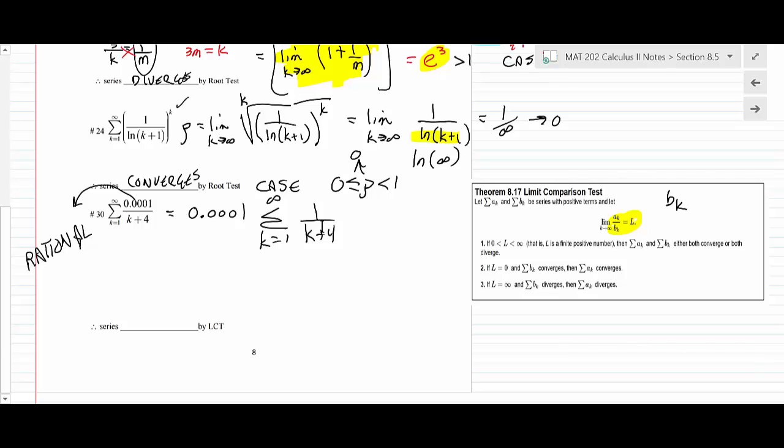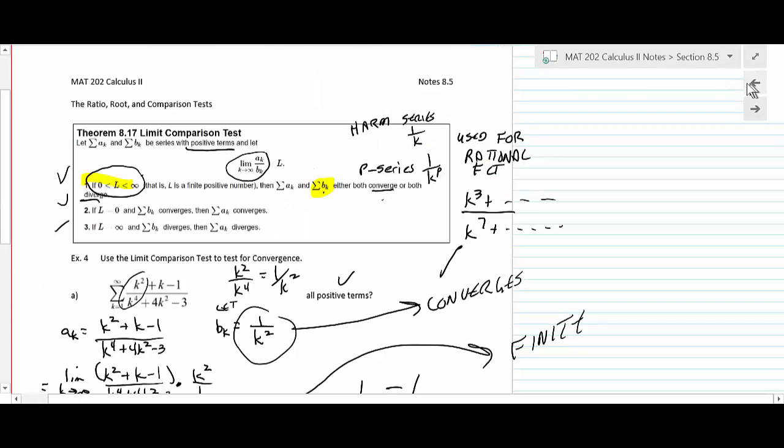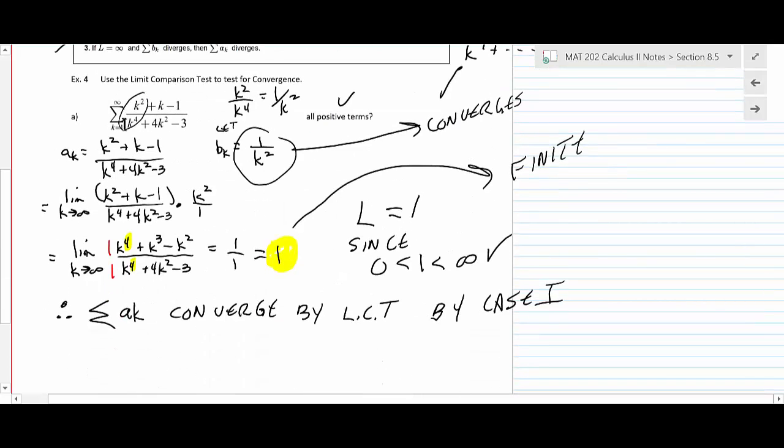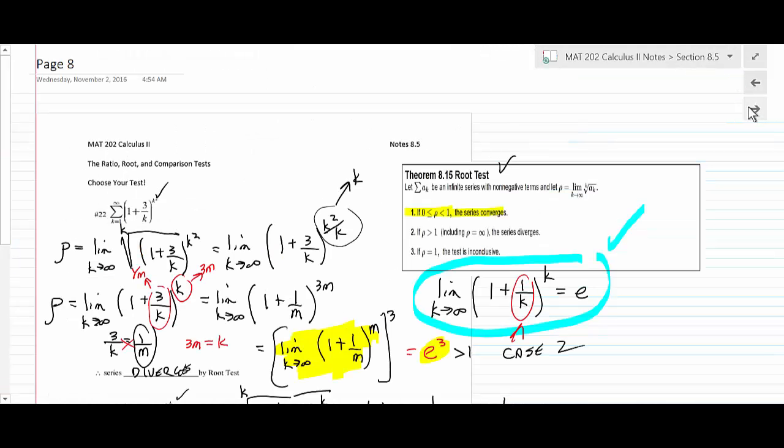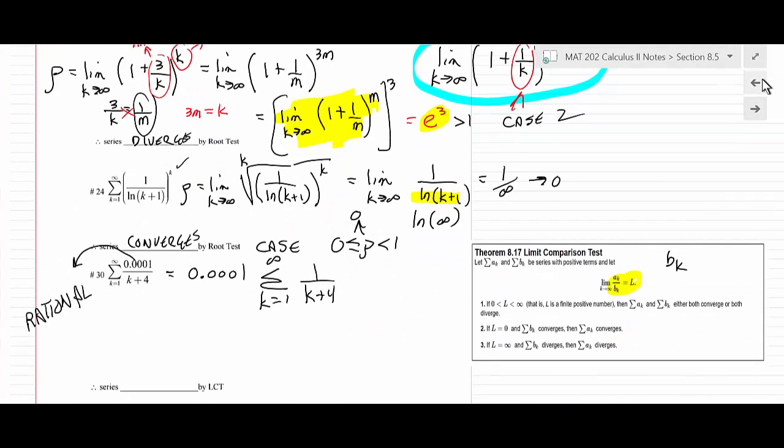Just a fraction with powers of k. If you back up, I did this problem right here. That's a rational function. And the exponents were off by 2, so we divided by the power series so we'd end up getting that limit. What happened is we ended up using 2 because that numerator was 2 less than the degree of the bottom. That's kind of the thought process you go through on this limit comparison test.